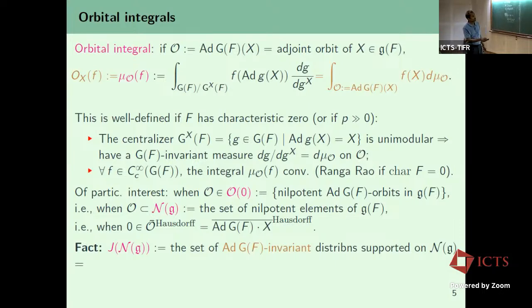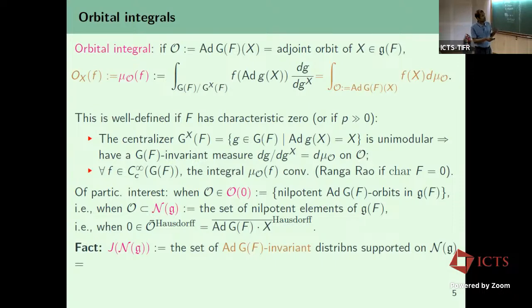And this notation is also going to be used later. We'll have occasion to talk of all the distributions which are G of F invariant and which are supported on the nilpotent set. We have already seen some such distributions, because whenever you have a nilpotent orbit, you know that the nilpotent orbital integral makes sense. So that is a distribution supported on the nilpotent set.